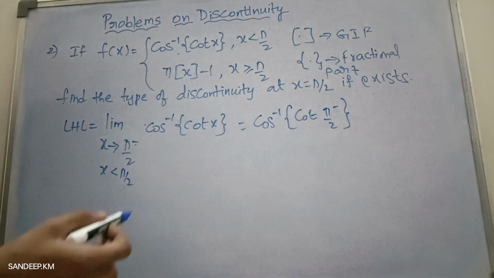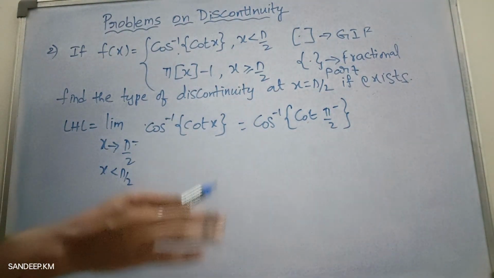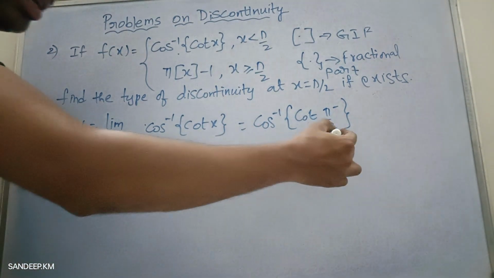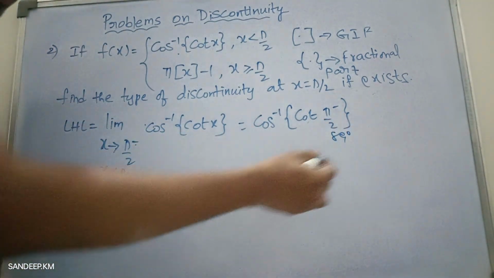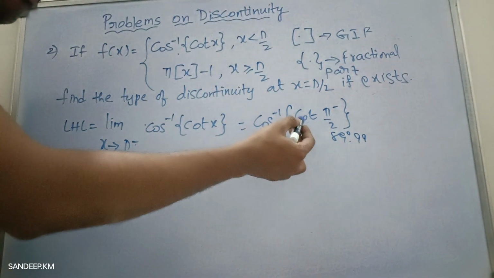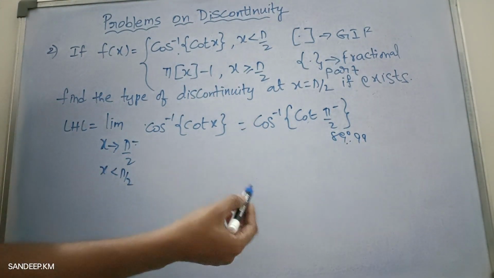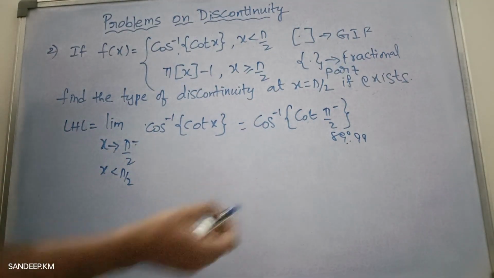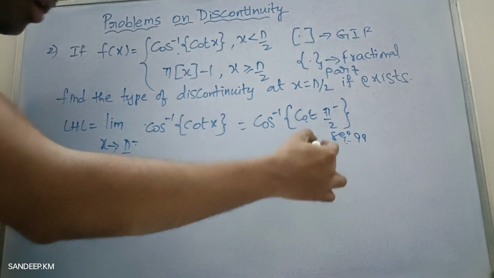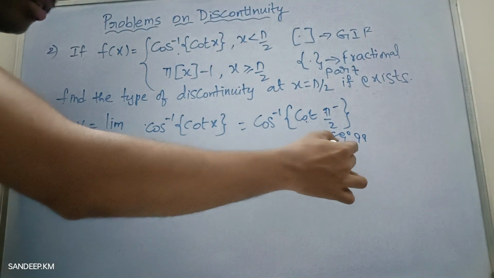Please observe one thing, dear students, cot 90 is 0. But when input is just lesser than 90, that means 89 degrees or something, 89.999 and so on, this angle is in the first quadrant, so cot must be positive. Cot 90 is 0, but cot of 89.99 and so on is 0.000 and so on.